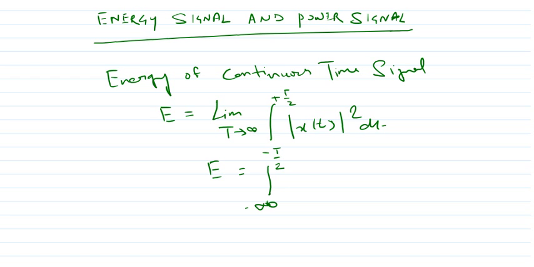We can write it from minus infinity to plus infinity of modulus of x(t) squared dt. So this is the formula for calculating the energy of the signal.